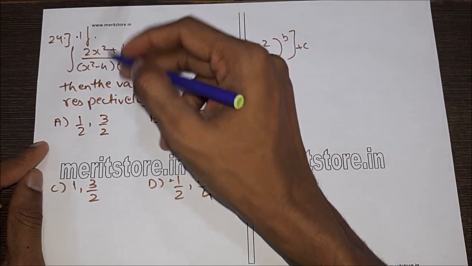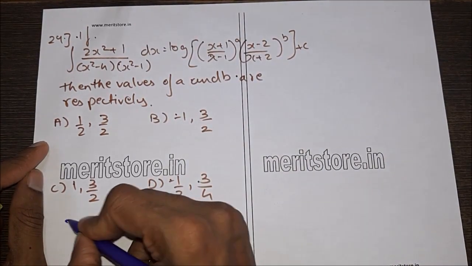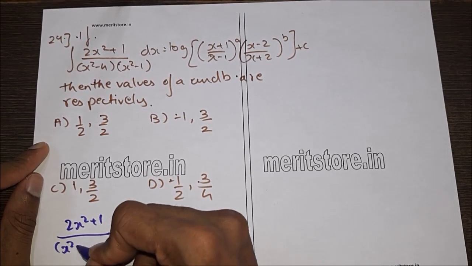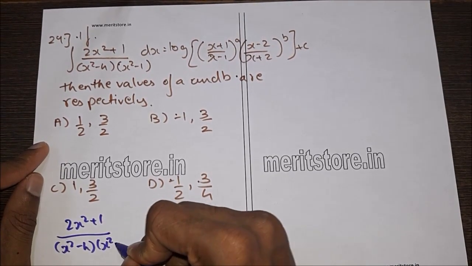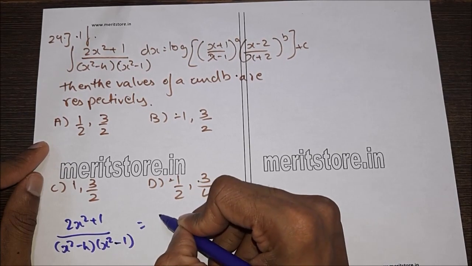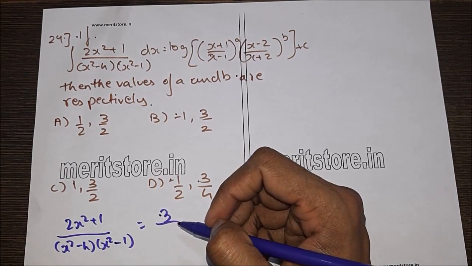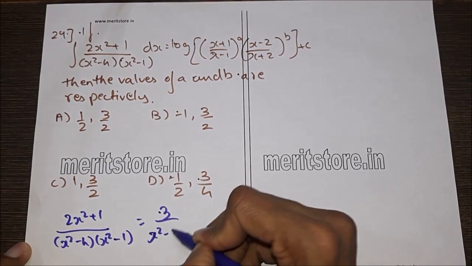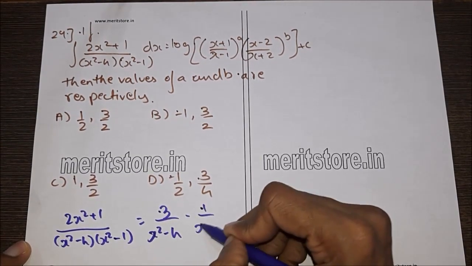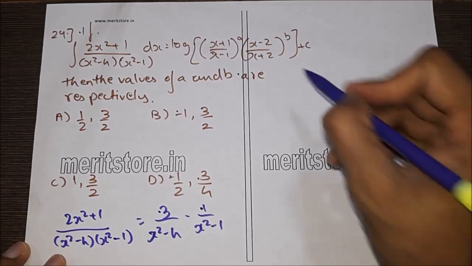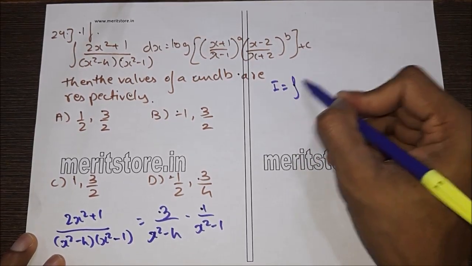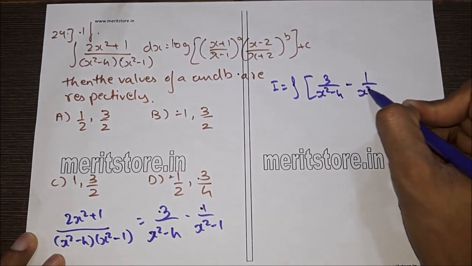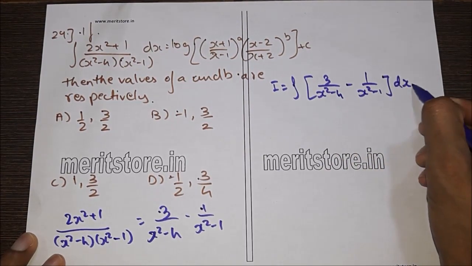So the integrand we can write as (2x square plus 1) upon (x square minus 4)(x square minus 1) equal to 3 upon (x square minus 4) minus 1 upon (x square minus 1). Therefore we get I equal to the integral of [3 upon (x square minus 4) minus 1 upon (x square minus 1)] dx.